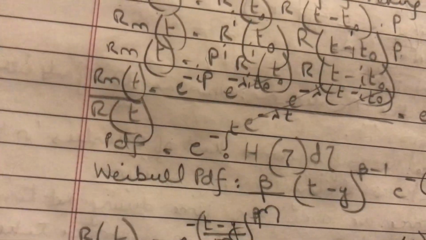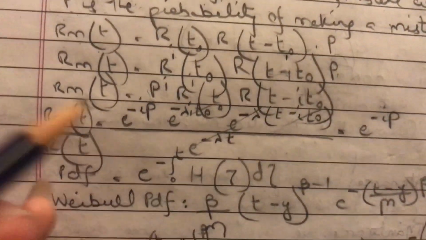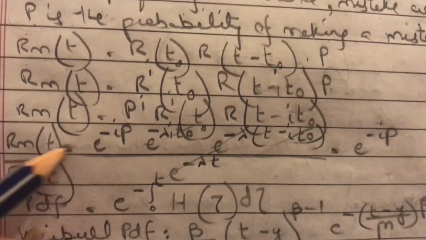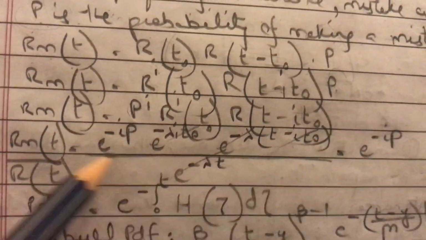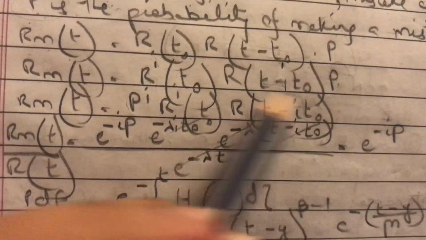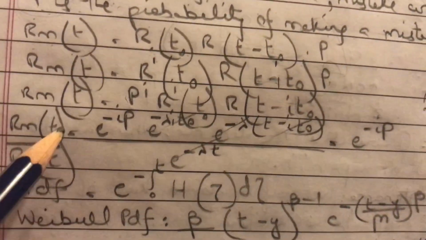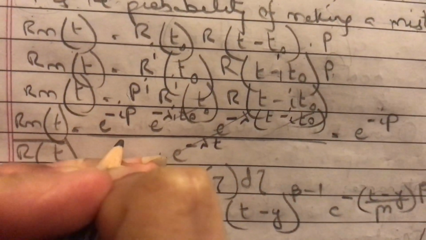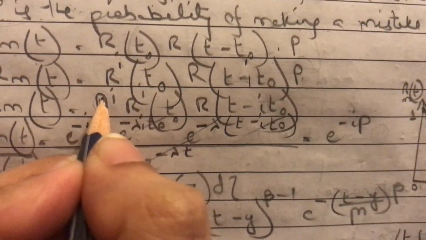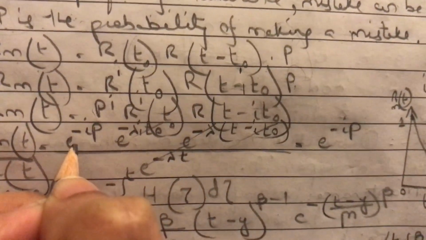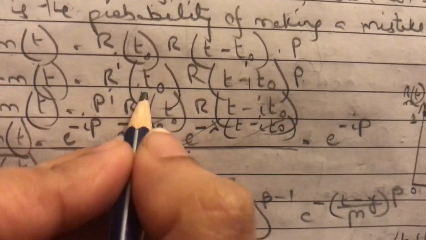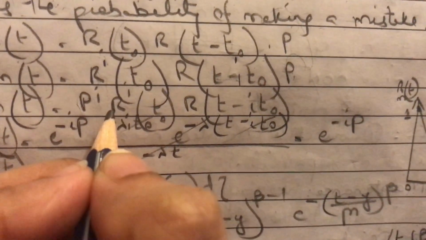And now we do the same thing like we did before. Rm of t over r of t equals to, we write all in the exponential form, because you know that to write the reliability, we can write it in the exponential form. So the p^i would become e at the minus ip, and this R(it0) becomes e at the minus lambda.